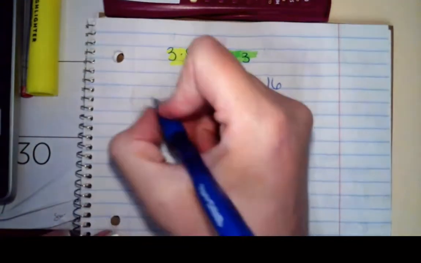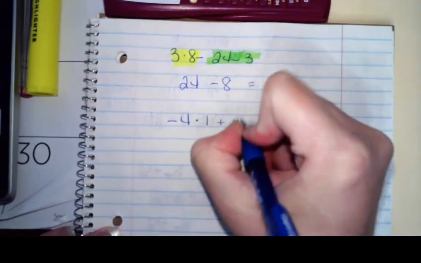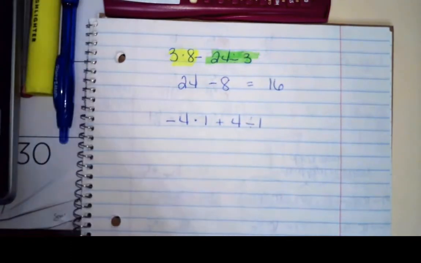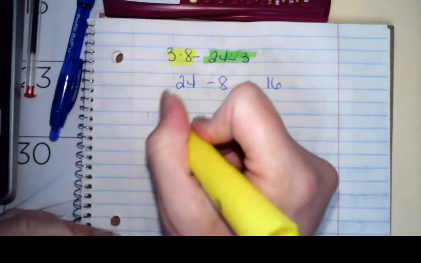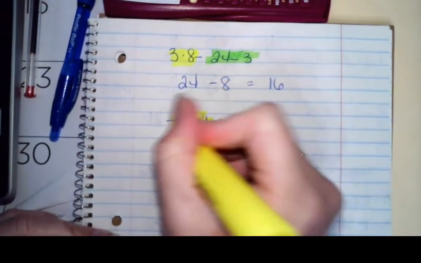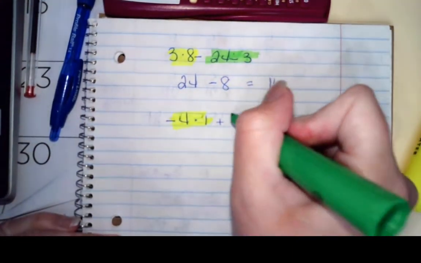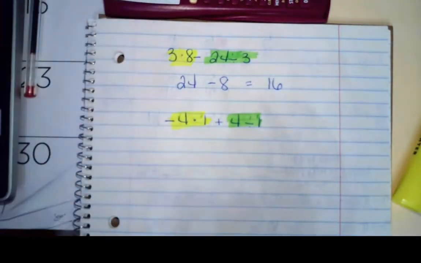Okay, so negative 4 times 1 plus 4 divided by 1. Again, I have multiplication and division. I've got multiplication, followed by addition, followed by division. And 1 is one of those cool numbers because you can multiply or divide by it.